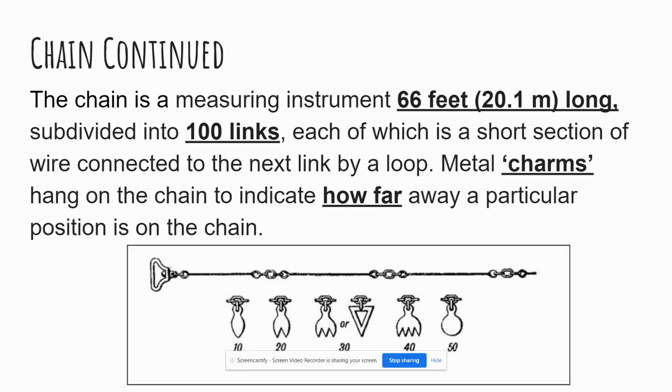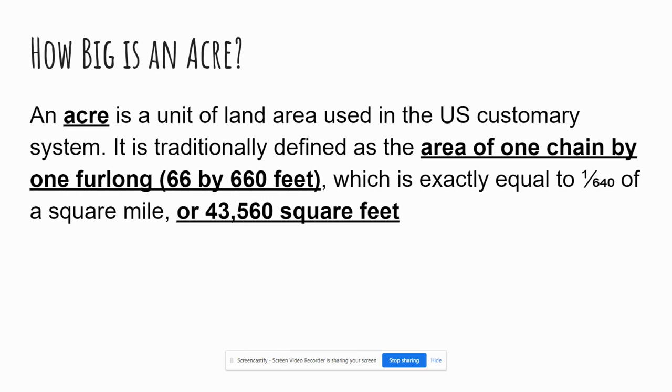Unlike rope, because the chain is made of steel, altering the chain is difficult to do. The metal chain is no longer used today, but the definition of an acre still uses the 66-foot-long chain as the standard of measure. How big is an acre?